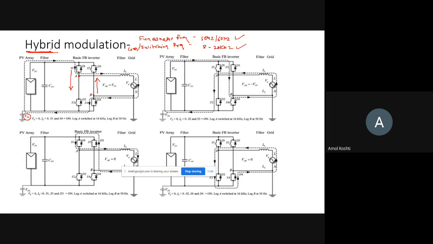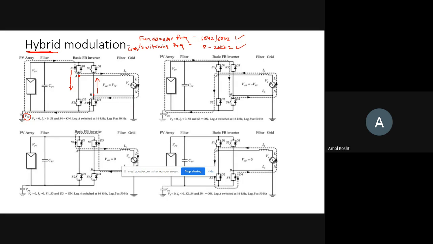Here we are switching the switches from this H bridge: one switch is for the fundamental frequency and one switch is for the switching frequency, or with respect to the carrier frequency. In this way we are giving the pulses to the switches and producing the output at the end.